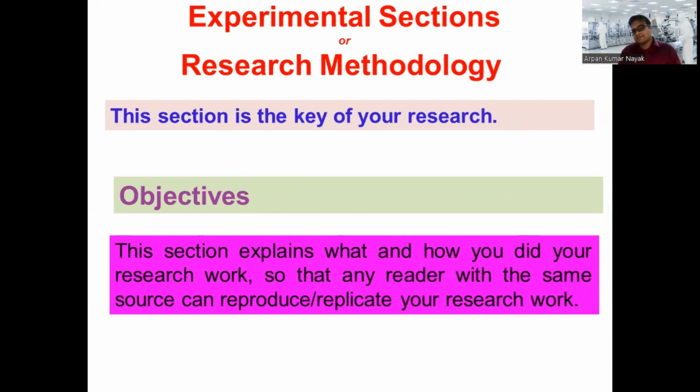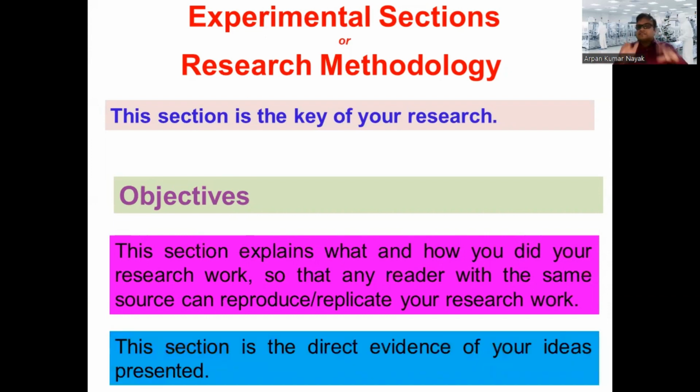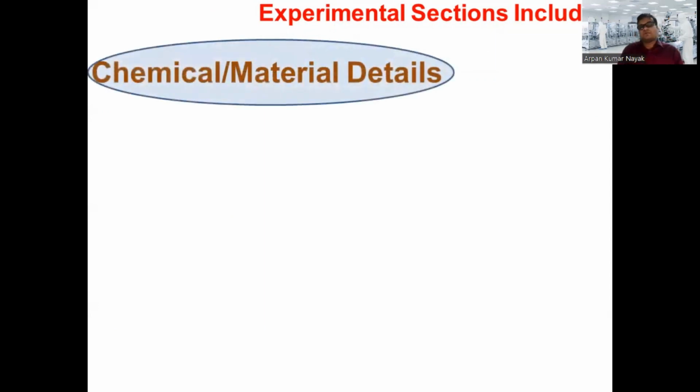You have to write it in a very systematic way, so that another researcher, if they want to do your work, can reproduce or replicate your research work by following this experimental section or research methodology. So this section is direct evidence of the idea presented in that particular manuscript. That's why you have to take care when you write the experimental section.